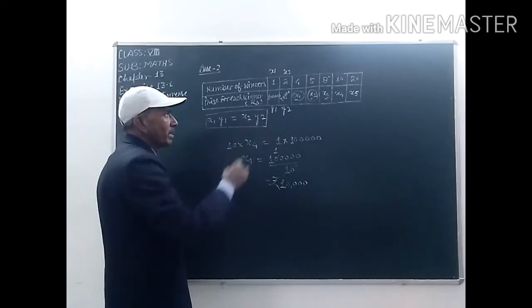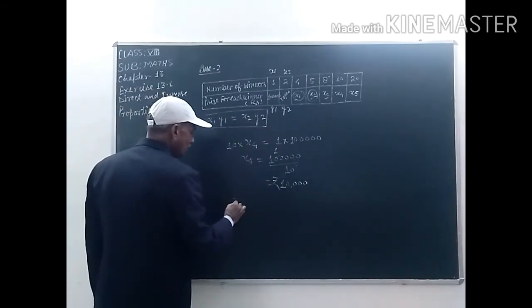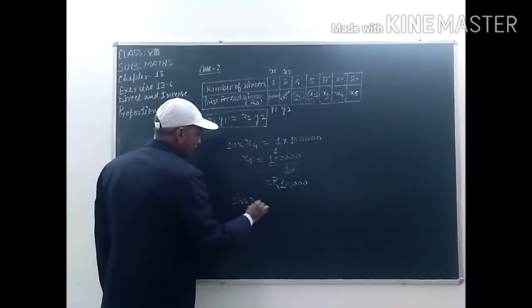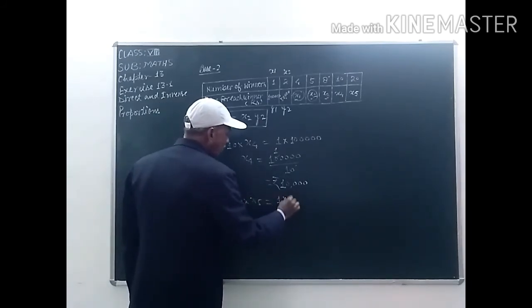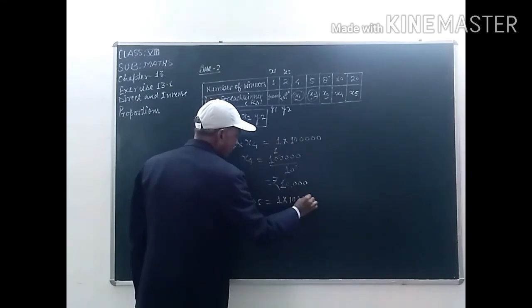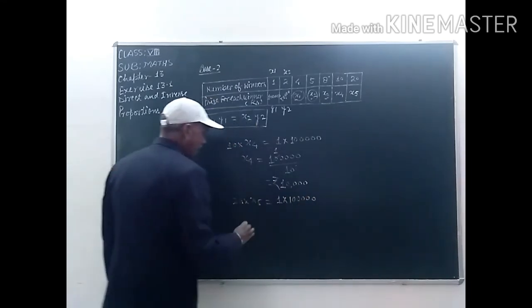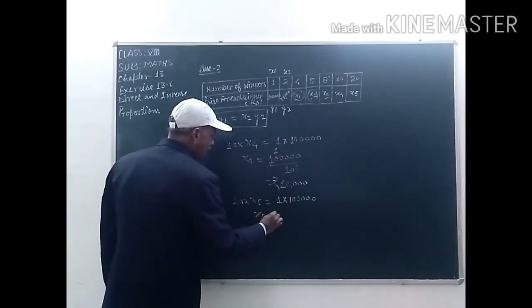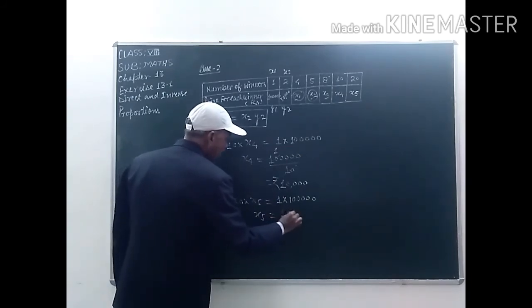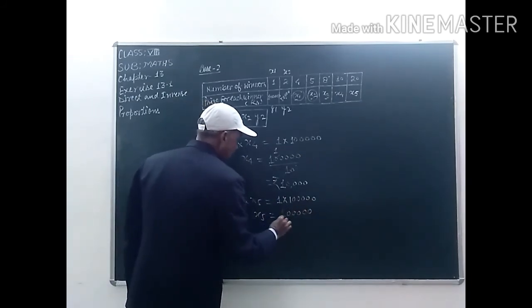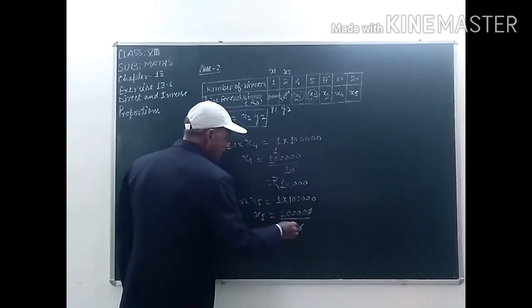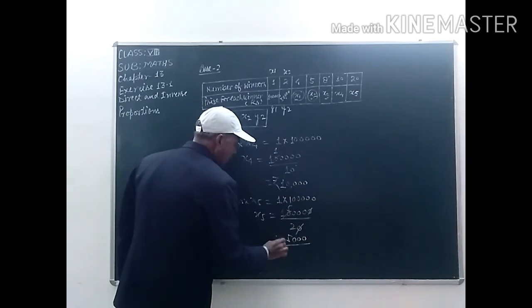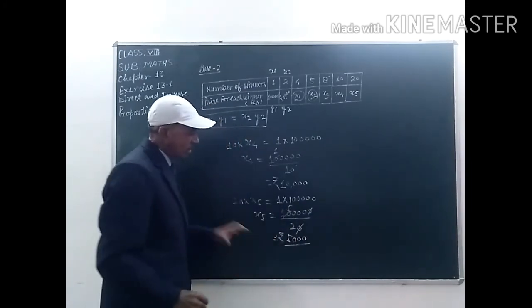If the number of winners is 20, then 20 into x5 is equal to 1 into 1 lakh. x5 is equal to 1 lakh divided by 20. So this cancels, 2 fives are 10. This is rupees 5,000. Clear, students?